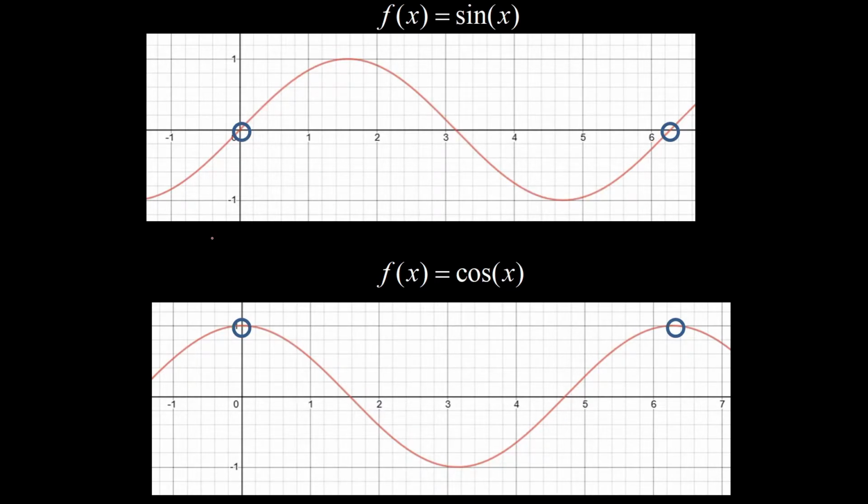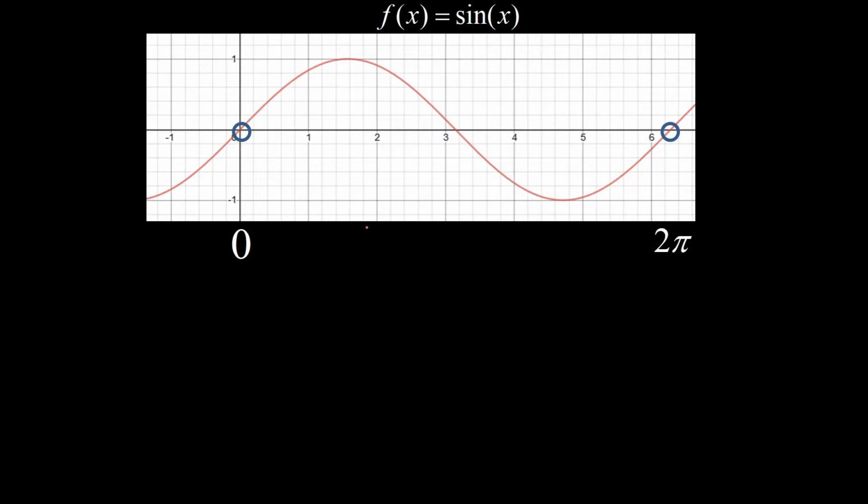And so between these blue circles that I have written, this is 0, and this is 2 pi. And what this all means is that we say the period is 2 pi. The period is that section that repeats.